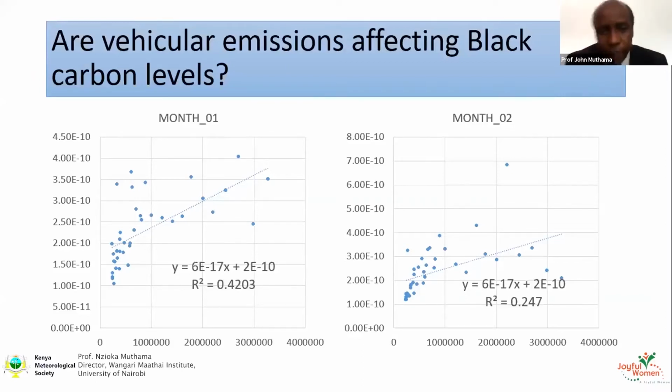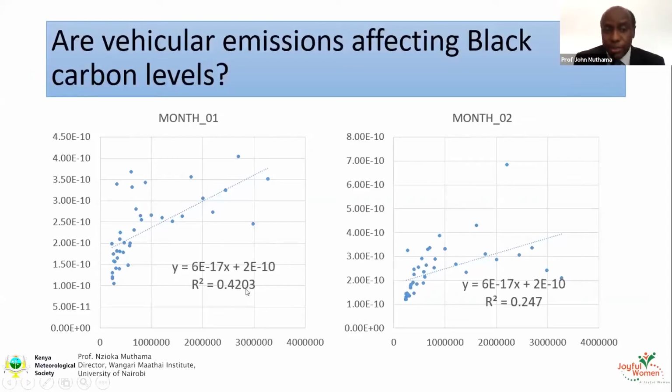For January and February, this is a scatter plot where you have the number of vehicles as the x-axis, and then the y-axis is the black carbon.